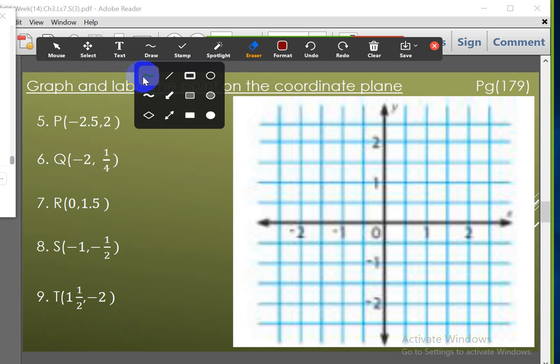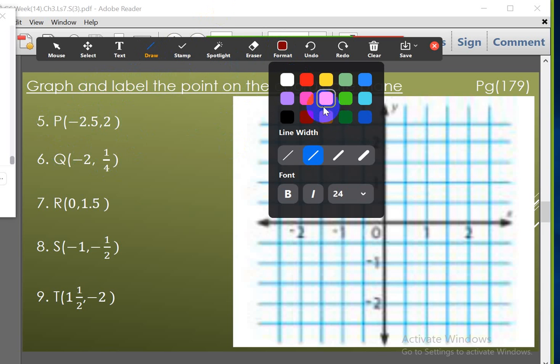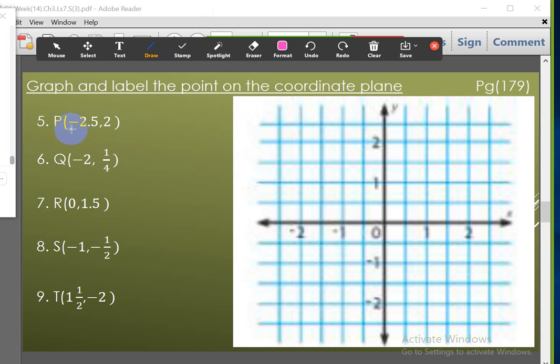Now I want to graph and label the point on the coordinate plane. That means I have the ordered pair, and I want to draw the point or locate the point on the coordinate plane. First thing, I want you to focus with me. This is very important for you. P is a point. The ordered pair for P is negative 2.5 and 2.